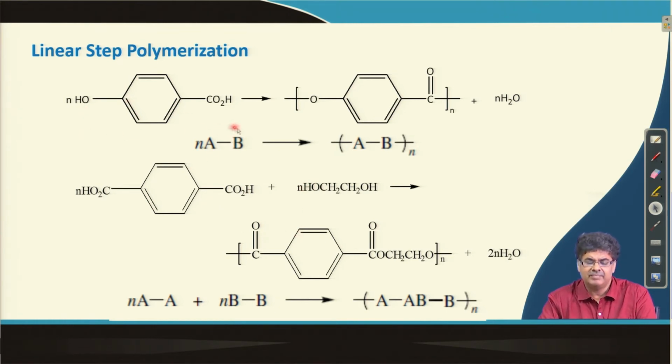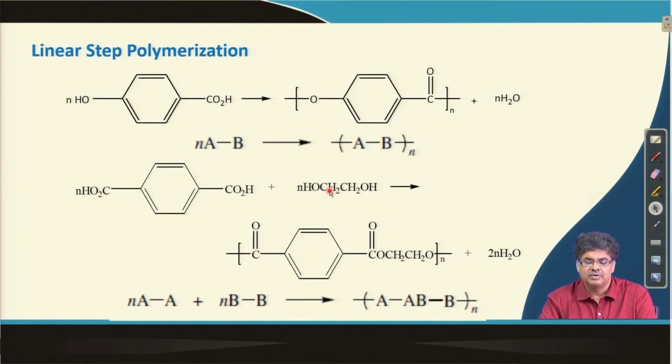Now, if we have this AB type monomer, then the ratio of the functional groups is always 1, because each monomer molecule has one A functional group and one B functional group. So, the ratio will always be 1:1. But in the AA and BB type case, if we have the same molar ratio of these 2 monomers, then we have the ratio of the functional groups as 1:1.